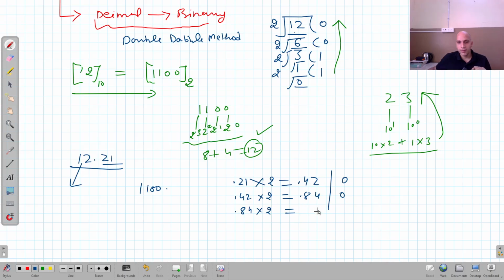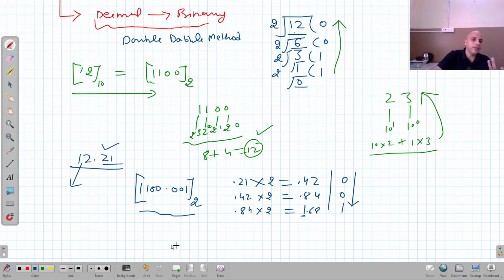I get 1.68. Now the integral part is 1, right? Then read downward from top to bottom, that is 0 0 1. Now this is the required number corresponding to this number in base 2. So this is the way of converting a fractional part into the corresponding binary number system.